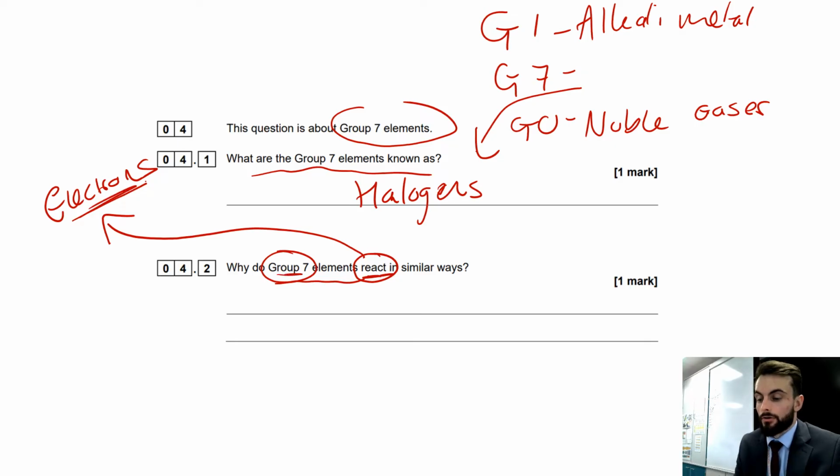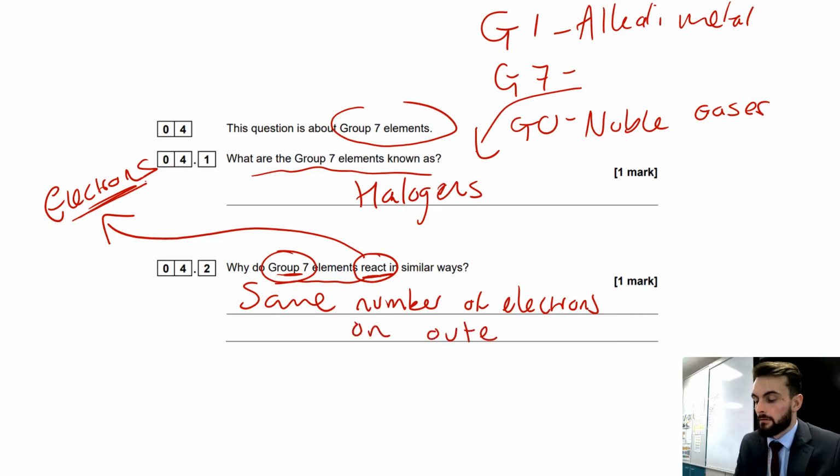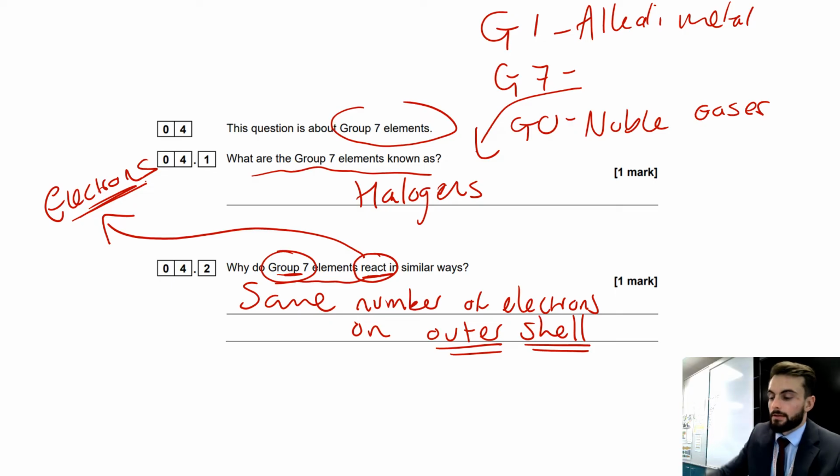Think about what the groups tell you. The groups tell you how many electrons are on the outside shell. So that's your answer. They have the same number of electrons on the outer shell. Must say outer shell, right? Which shell are you talking about? You're talking about the very last one. So specify that. Must say outer shell.